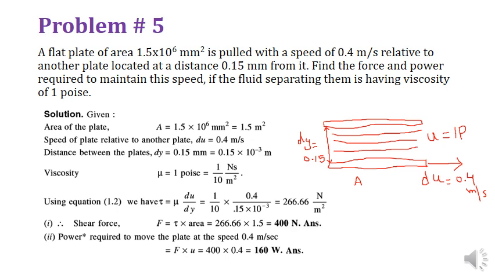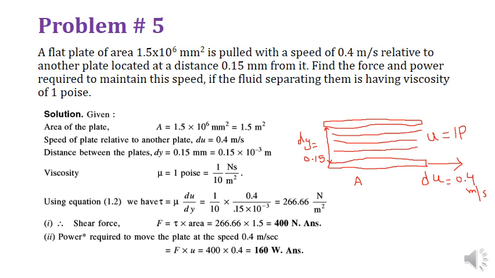If only the velocity of one plate is given to you and it is said that the other plate is fixed, then obviously the fixed plate has zero velocity and the other plate has a certain velocity, so you can determine this change in velocity du. But if the velocity is given as a relative velocity, it means this difference has already been calculated and is given as input data, that is du.